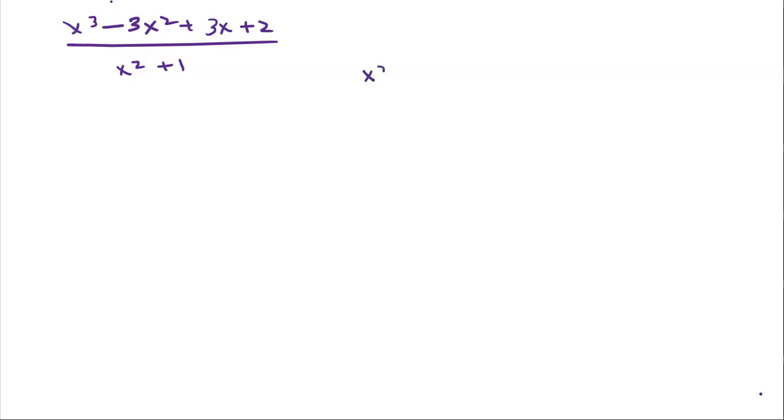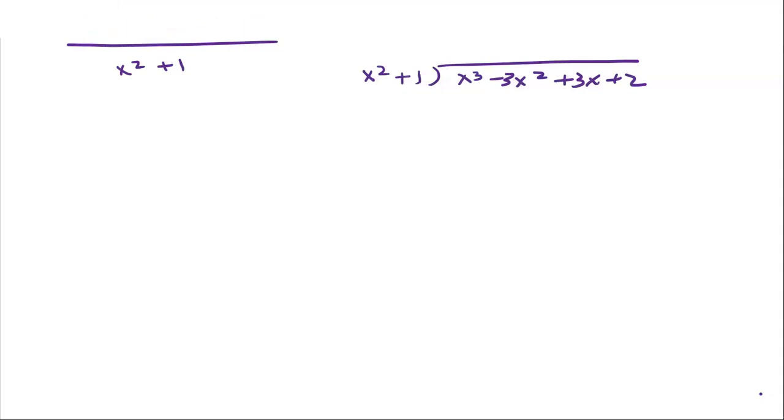All right. So we have x squared plus 1, and then we have x cubed minus 3x squared plus 3x plus 2. So what we want to do is match those first terms. So I need to figure out what can I multiply x squared plus 1 by to give me x cubed.